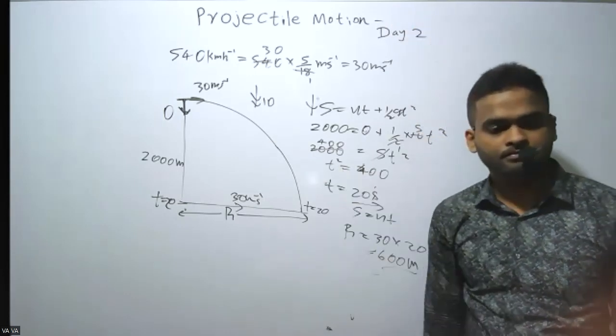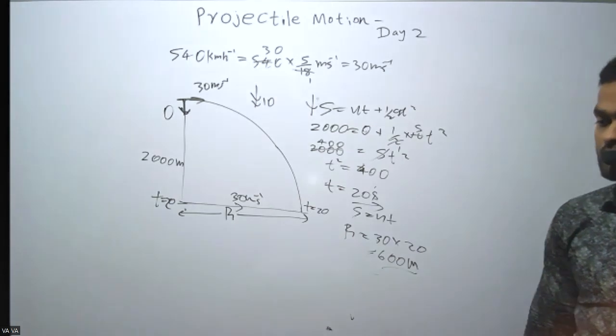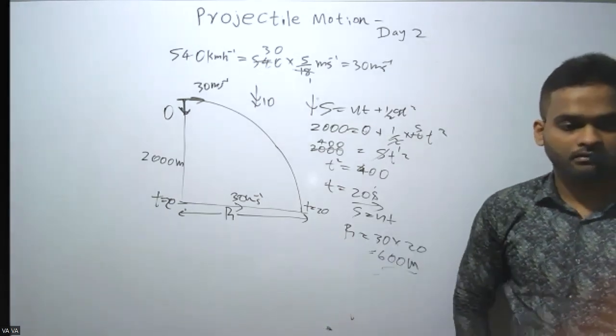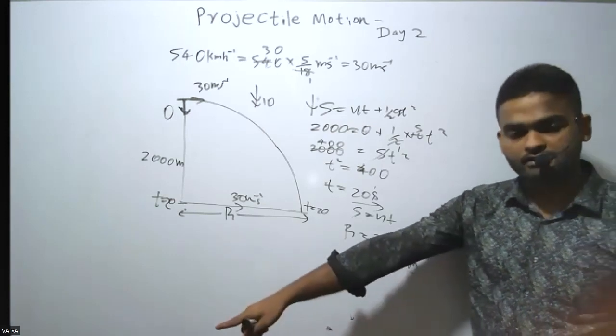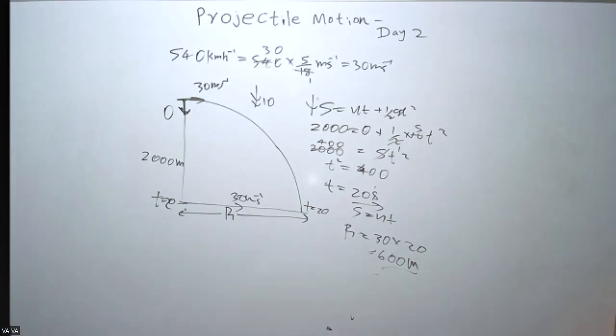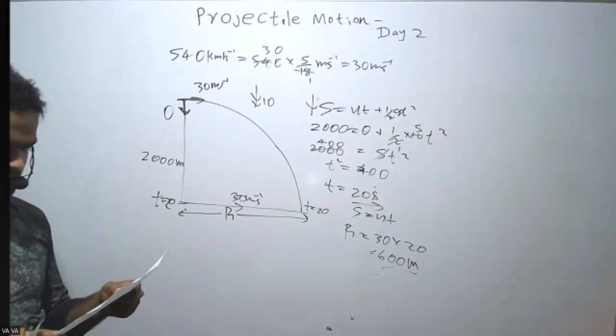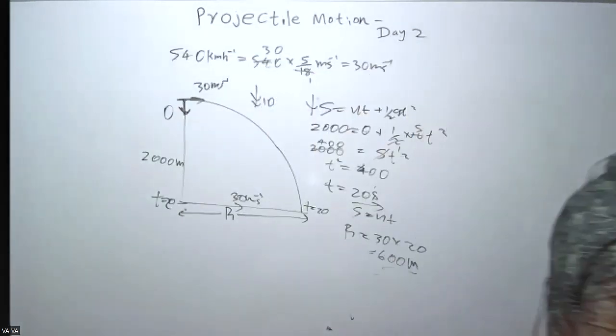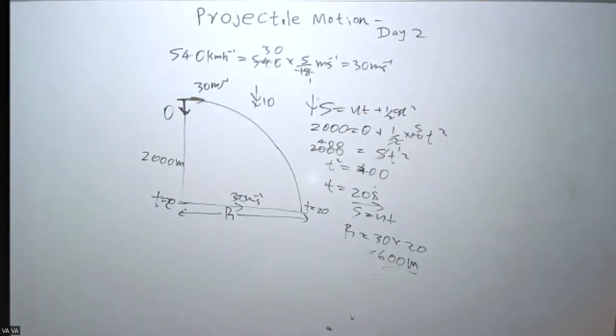You have to drop the bomb 600 meters ahead. The target should be 600 meters ahead on the ground. Okay, take it down. I think everyone got that, right? If you have any questions, please send.